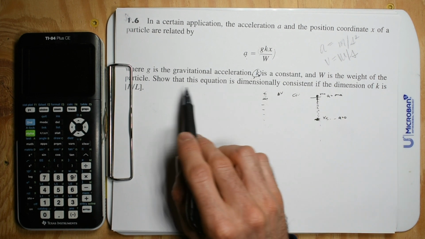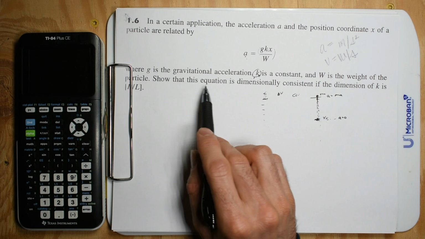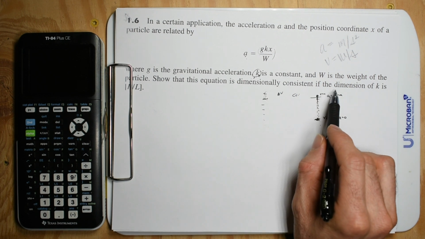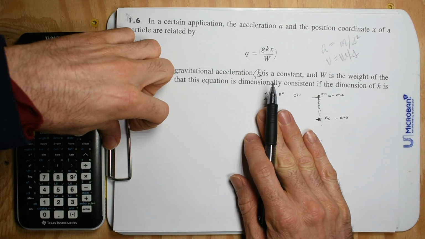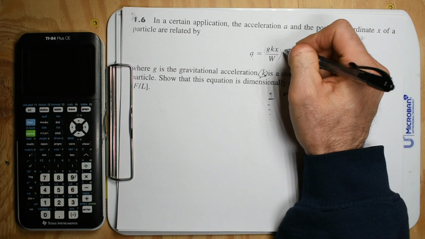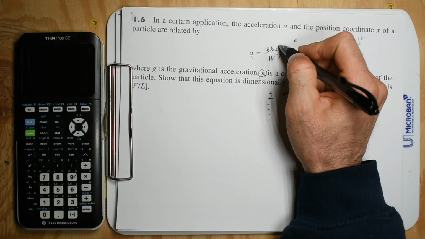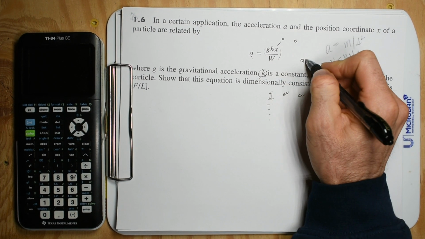w is the weight of the particle, and show that this equation is dimensionally consistent if the dimension of k is F over L. And then you should always throw in a 0. At position 0, the acceleration is 0.